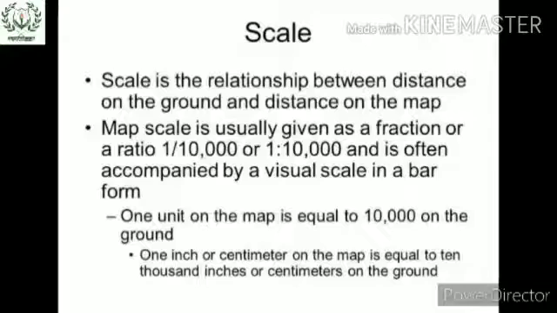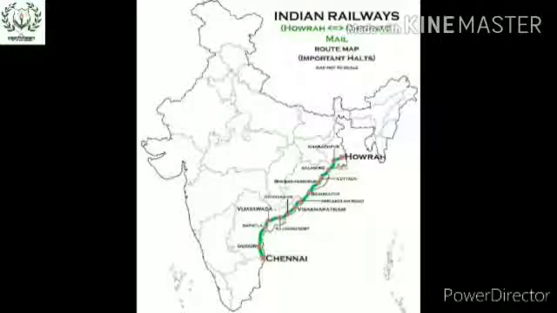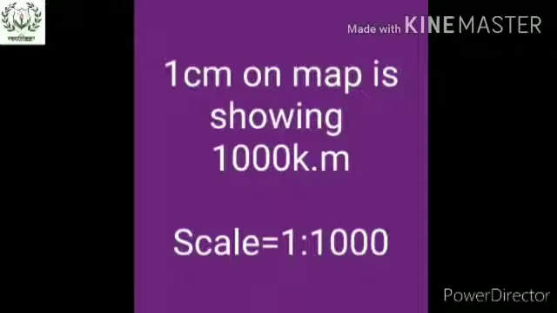Suppose the distance from Kolkata to Rajahmundry is 1000 kilometers. If you are drawing a map, then you have to represent the distance by a smaller unit. Then you can represent this 1000 kilometers in 1 centimeter.